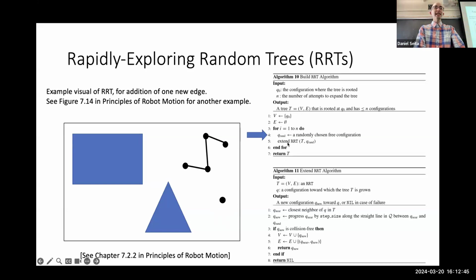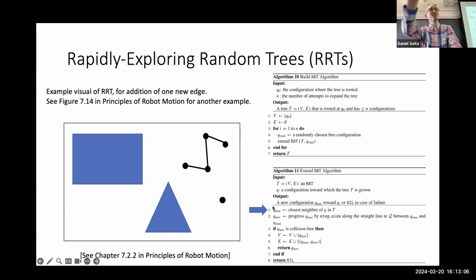So let's try to extend it. What's the closest neighbor of Q rand in T, which would be Q near? So the input is Q rand. So which point is Q near?